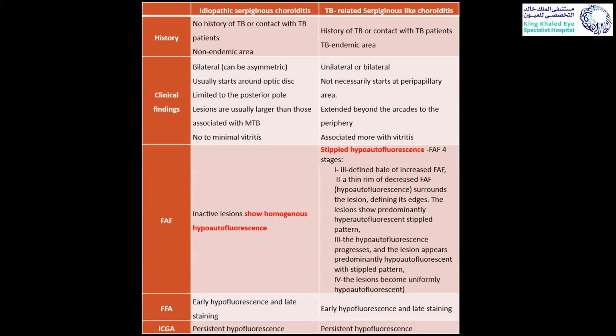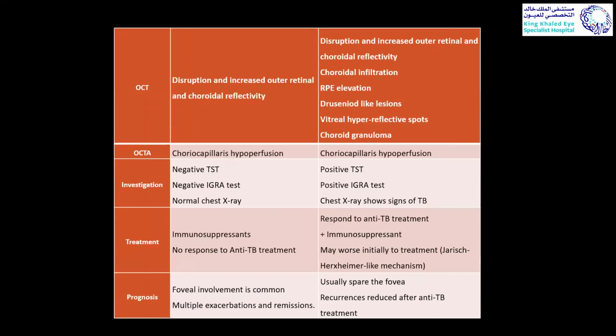The autofluorescence is very interesting to compare these two entities, because during the inactive stage, the idiopathic serpiginous choroiditis shows a homogeneous hypoautofluorescence. However, in TB serpiginous-like choroiditis, it shows a stippled hypoautofluorescence. Still, we don't know why the difference between these two diseases. FFA and ICG usually show no difference.